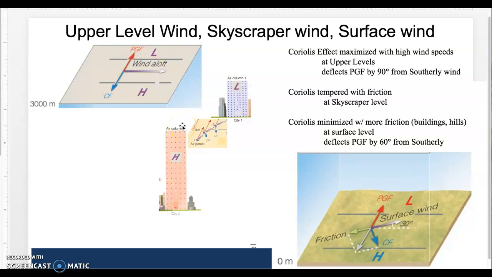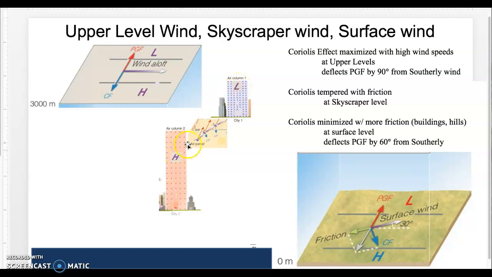We also know the skyscraper level because we've already studied that. And we know that if you took 2 columns of air and you heated one of them, you would have more high pressure above you at about 1 kilometer. And if you cooled the other column of air, you would have very little pressure above you. So we have high pressure aloft and low pressure aloft.